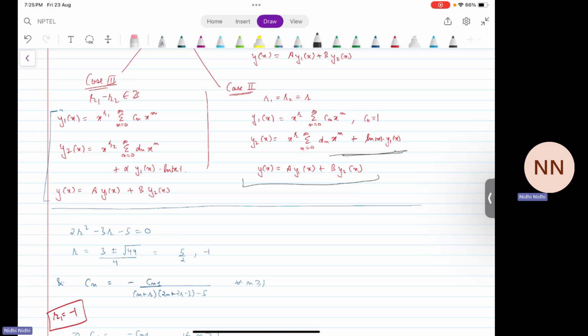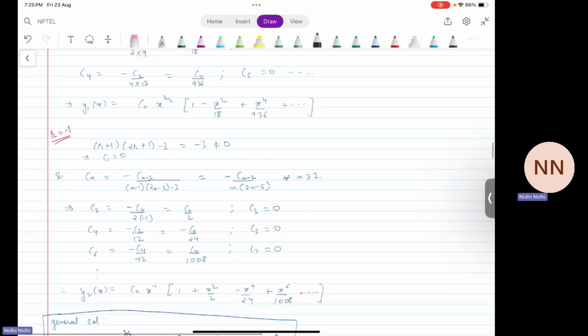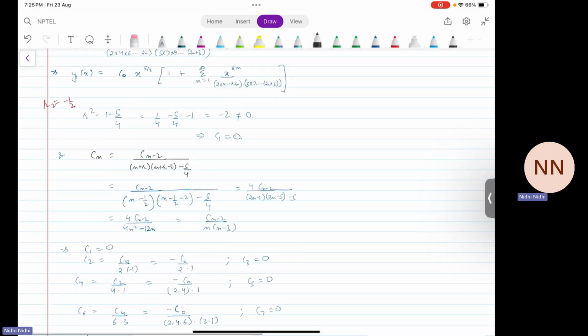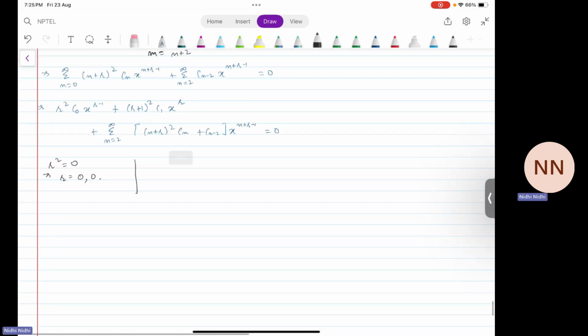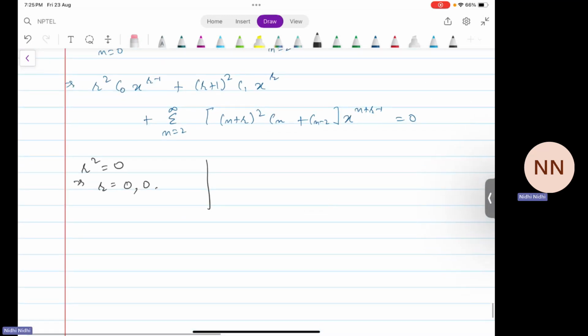So let's just find out what will be y1, and using y1 again we can find y2, and hence the general solution. And here we have Cn is equal to minus C(n minus 2) by (n plus r) whole square, which is equal to minus C(n minus 2) by n square, because r is 0.